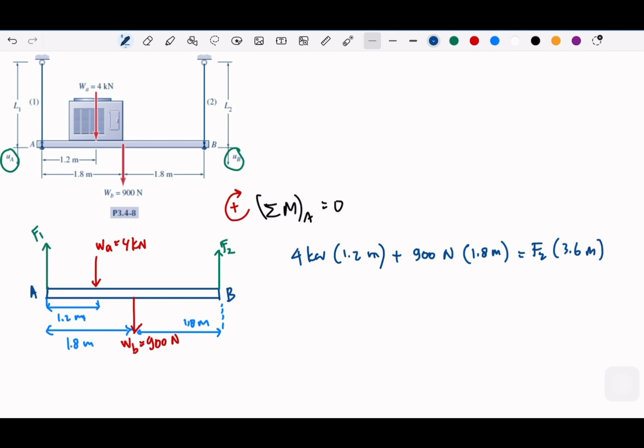After we complete this calculation, F2 will equal around 1.78 kilonewton.